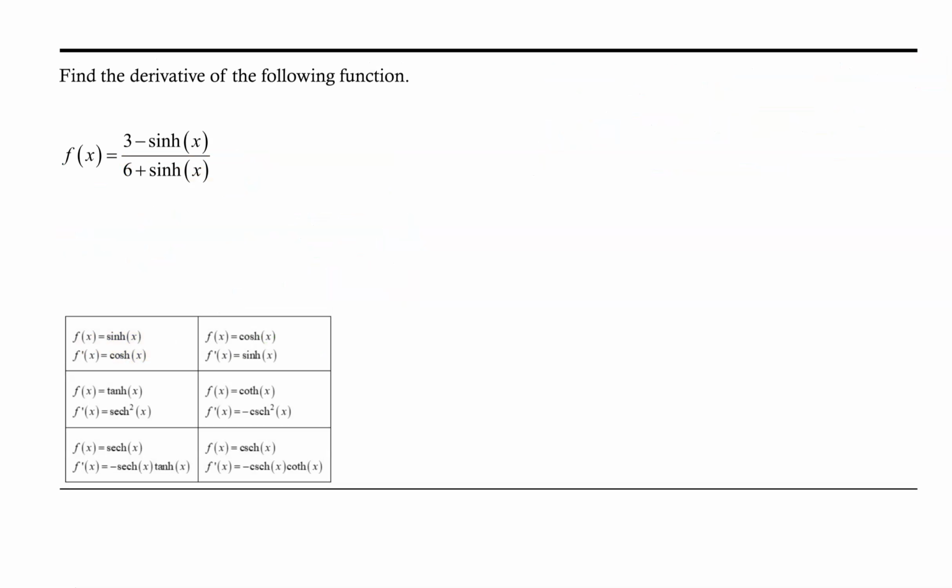Let's take a look at our next function. F of x is the quotient, 3 minus sinh of x in our numerator, and 6 plus sinh of x in our denominator. So let's go ahead and get started.